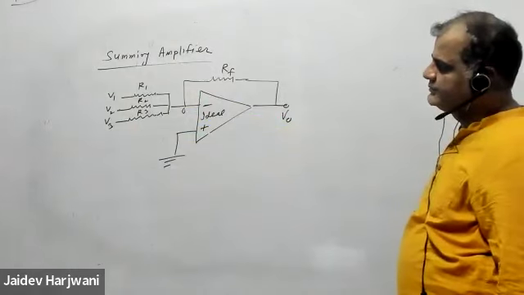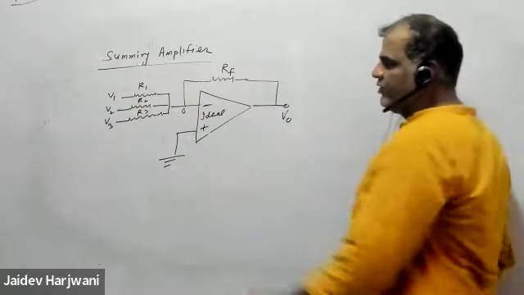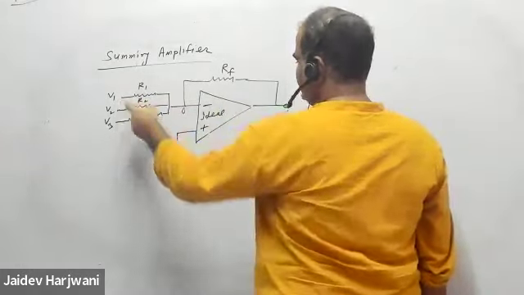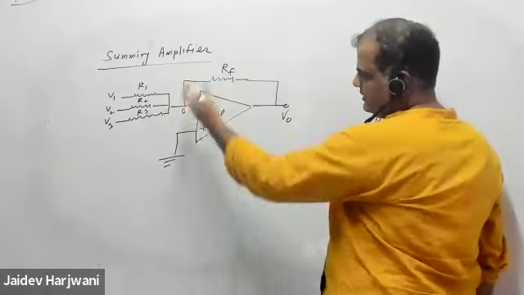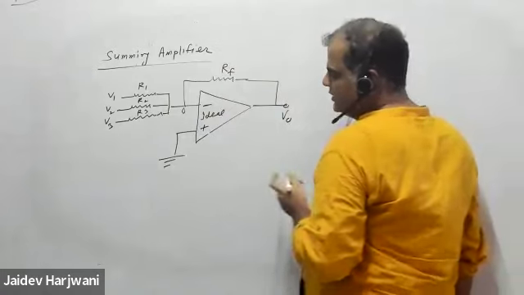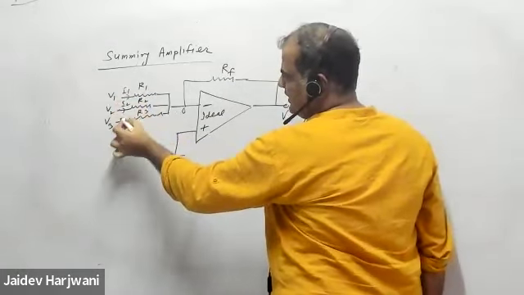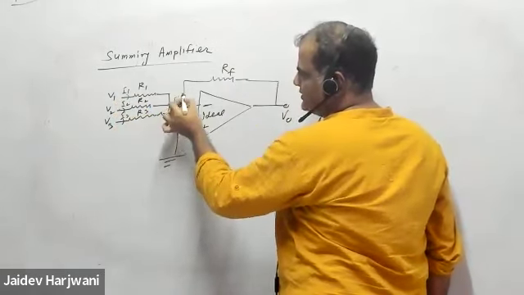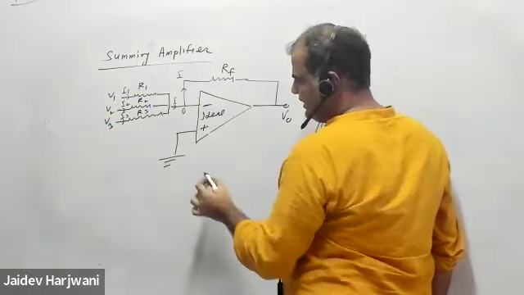Either you can apply the superposition principle because you have so many voltages here, or you do it using KCL. Say I1 current is coming here, I2 current is coming here, I3 current is coming here. So total current I is coming, and no current is going into the op-amp, so the same current goes through RF.